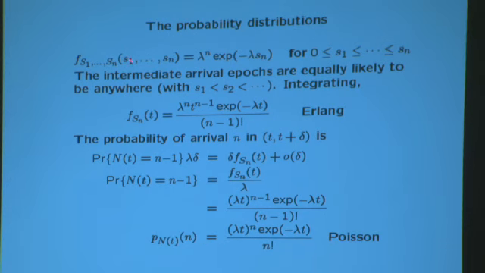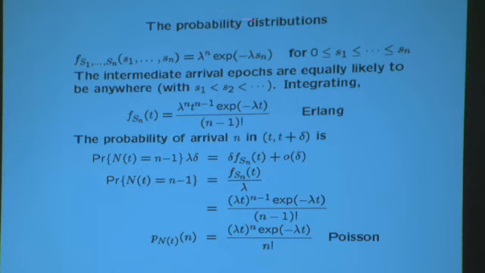The joint probability distribution of all of the arrival times up until time n is an exponential just in the last one, which says that the intermediate arrival epochs are equally likely to be anywhere, just so long as they satisfy this ordering restriction, S1 less than S2.